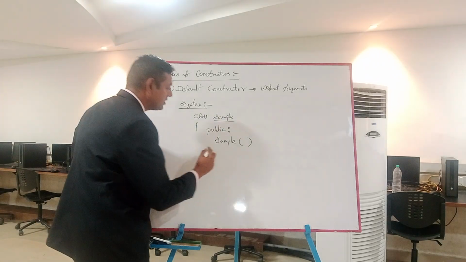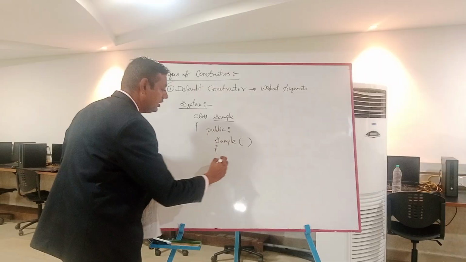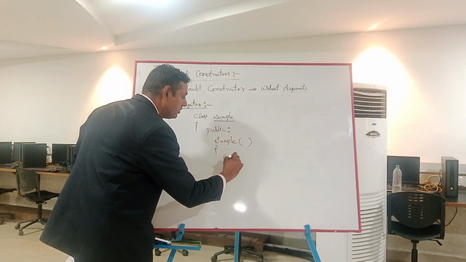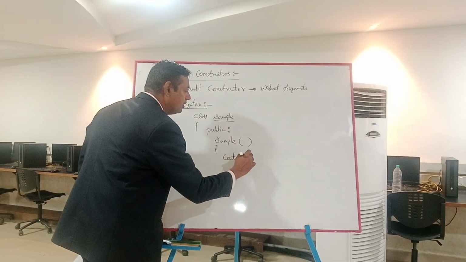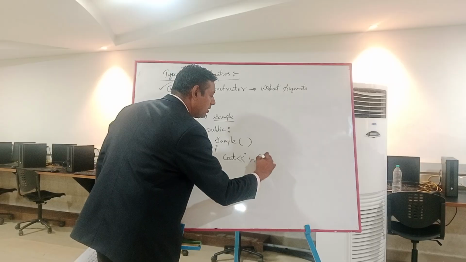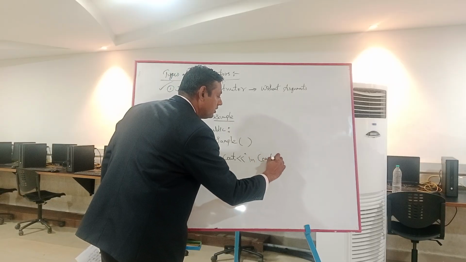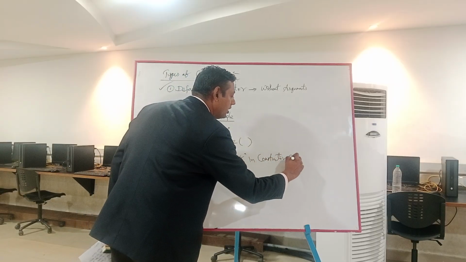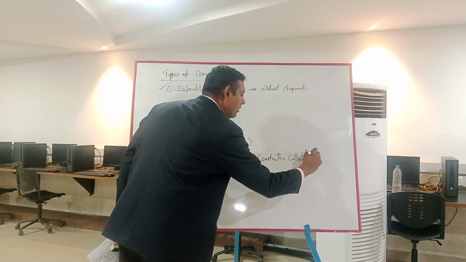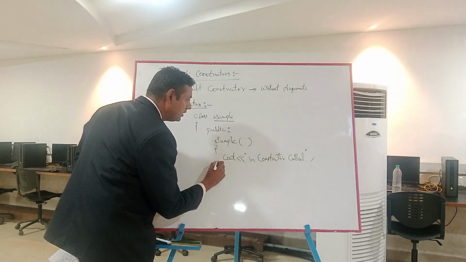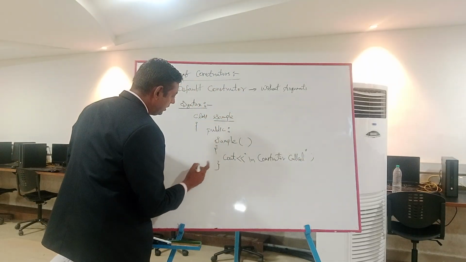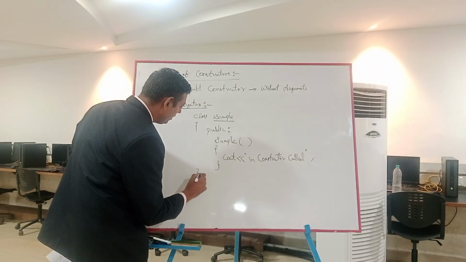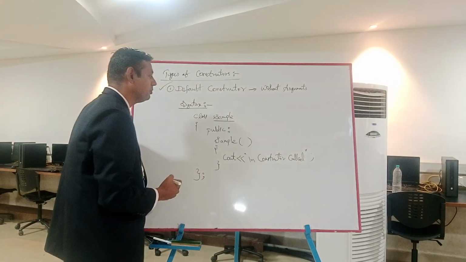Next you have to define the constructor. I am just going to write a cout statement here: \n constructor called. Close the quotes, and I can close the constructor, and also I can close the class.